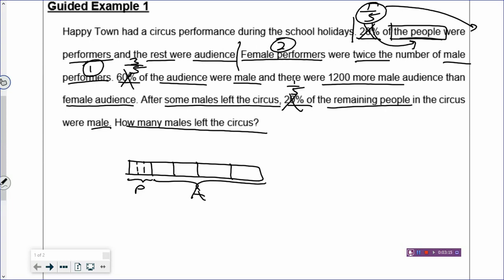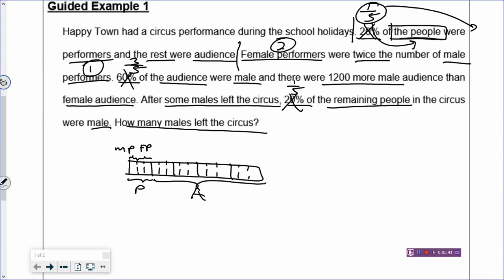And then when you cut 1 box into 3 smaller boxes, do the same for the whole model, which is very important. Cut the whole model equally. And then you can start to label. So this 1 box will be the male performers. Let's call it MP. And then the next 2 boxes will be the female performers. Okay? Alright? And every box is called 1 unit.